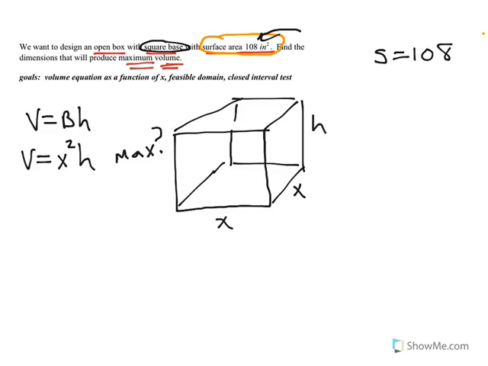So we're going to need an equation that describes the surface area. One of the surfaces is going to be the bottom surface. That's going to be x by x, or x squared.